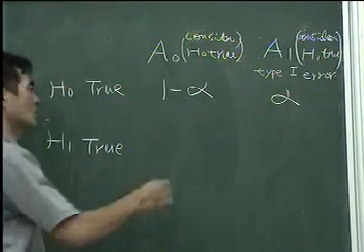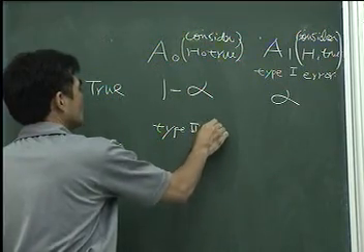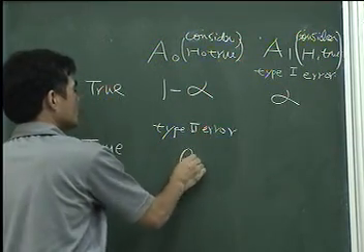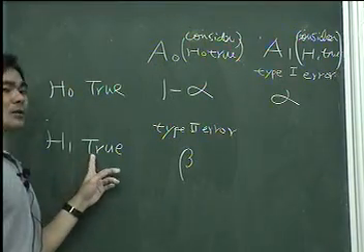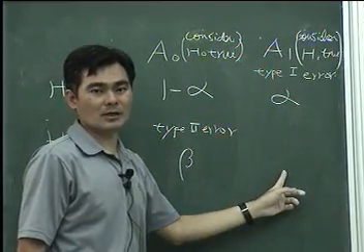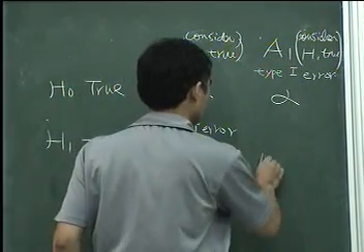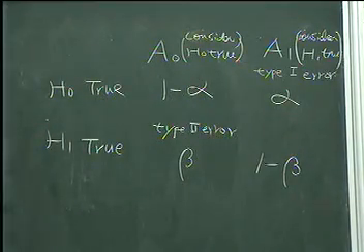So this is another error we call type 2 error. And this we call beta. And of course, if H1 is true and you think H1 is true, this is a correct decision. So that's 1 minus beta. Okay? Any questions so far?